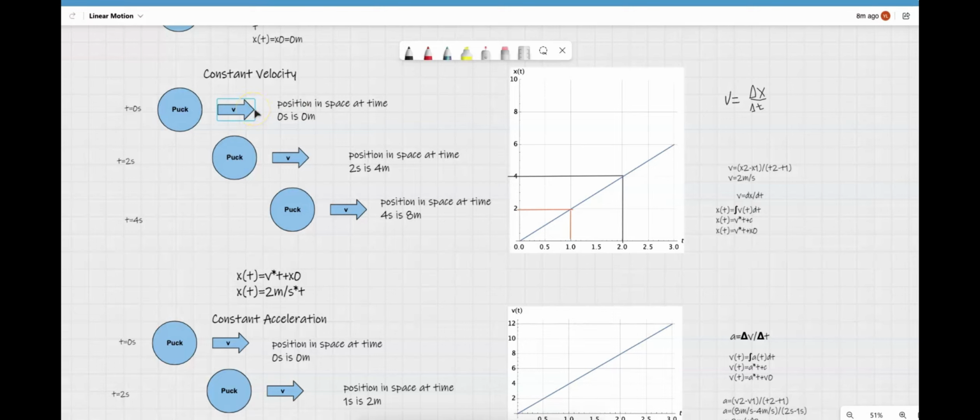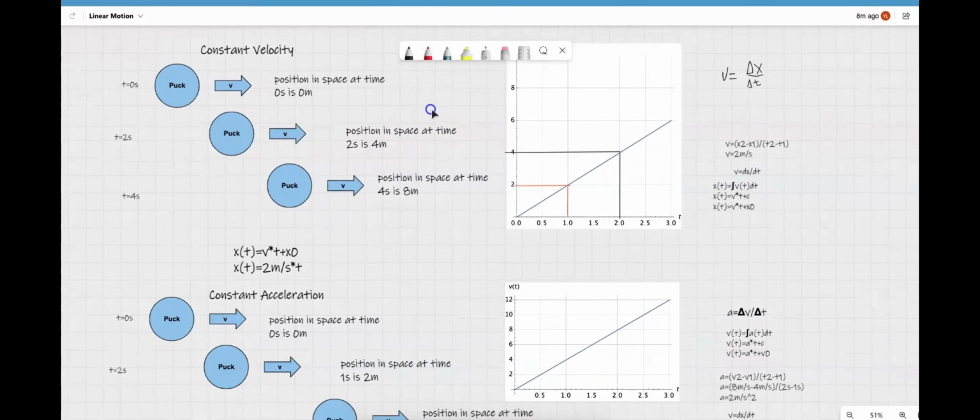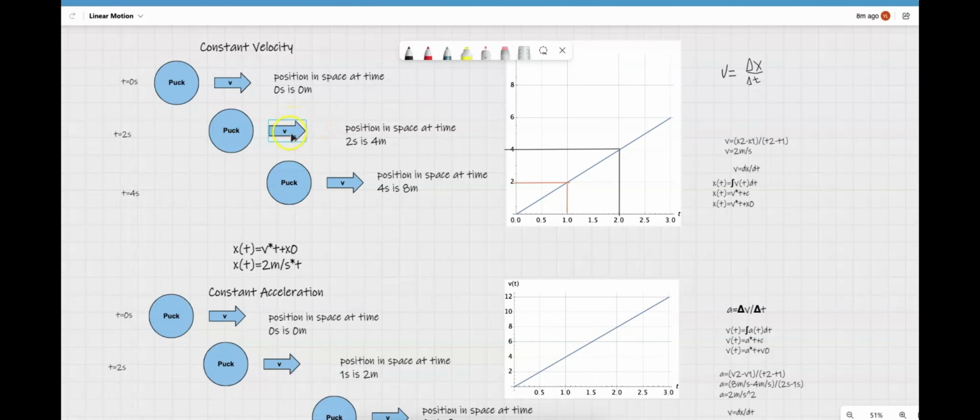So at 0 seconds, we are moving to the right at a velocity of v that we will determine. At t equals 2 seconds, we've now reached 4 meters, and at t equals 4 seconds, we've now reached 8 meters. You may recognize this as a linear relationship.